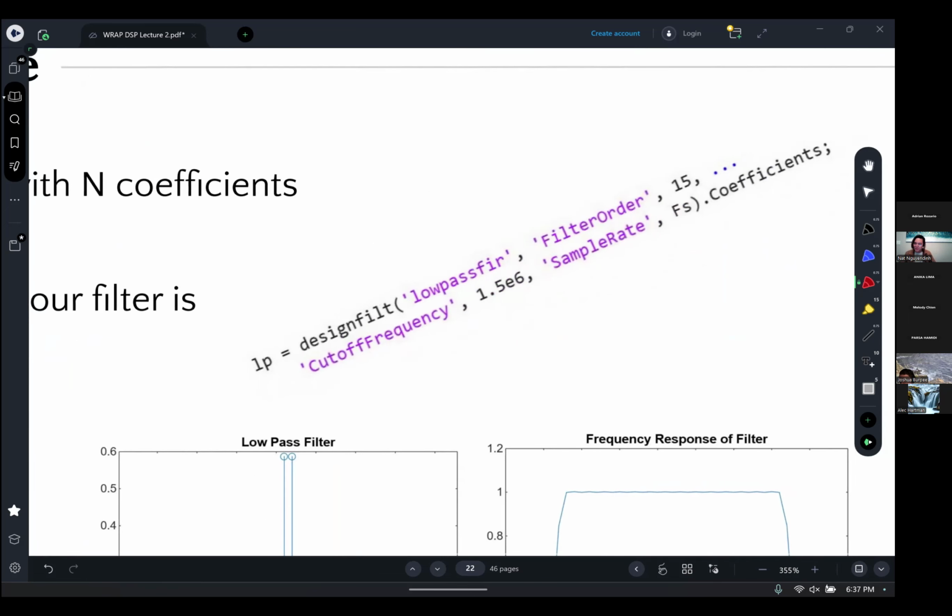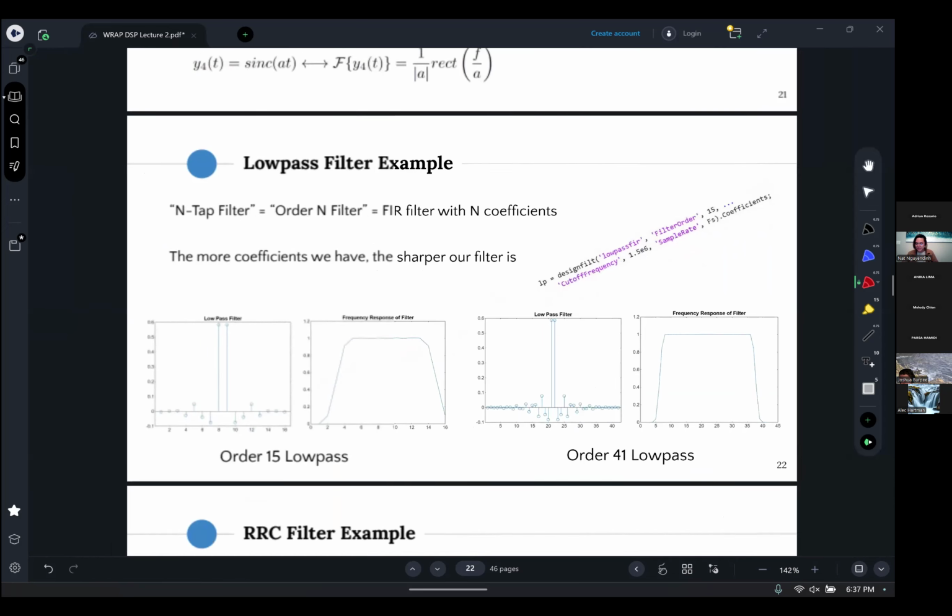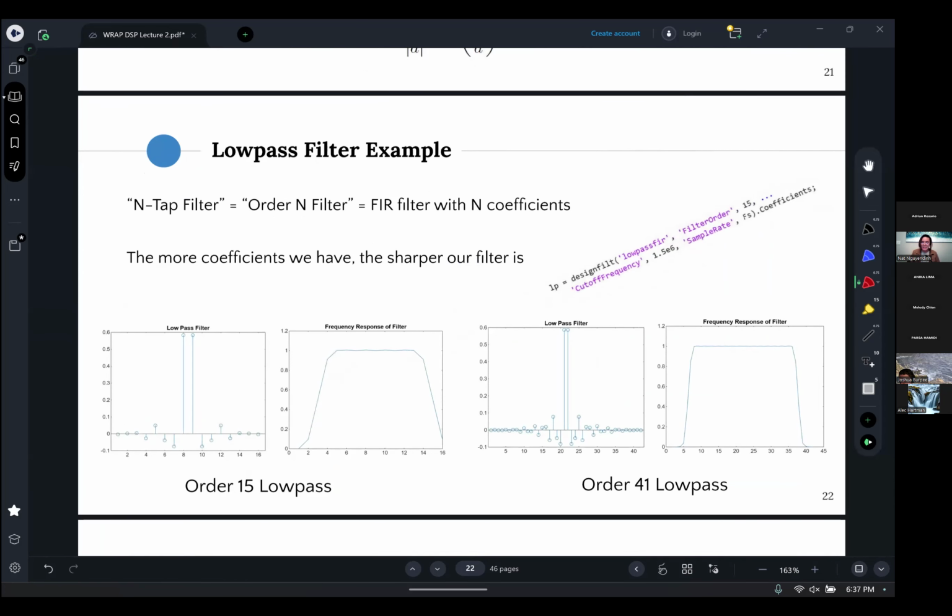Then we have our cutoff frequency, which is 1.5 megahertz, and then we give it the sample rate. And then here we're just extracting the coefficients of that filter, the coefficients meaning just the impulse response. So this is what the shape looks like when I have 15 coefficients, and this is what it looks like when I have 41 coefficients.